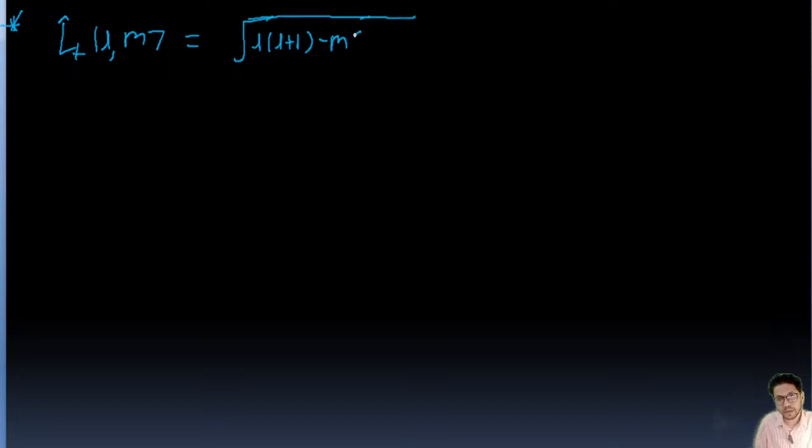Now if we operate L plus on L m, here the state is going to be changed, so you need to note this down. The value is going to be h cut root L into L plus 1 minus m into m plus 1, and the state is going to be L, m plus 1.